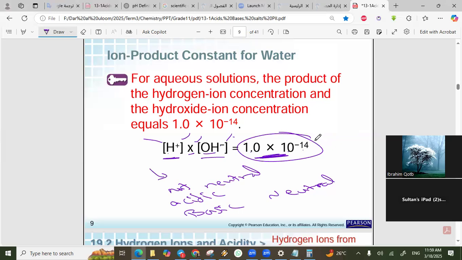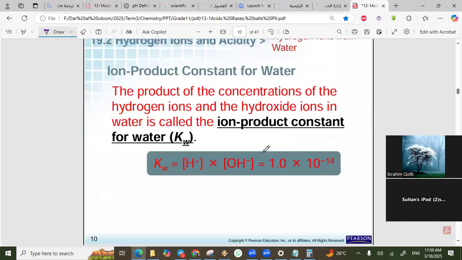This information is very important. You have to memorize this rule. Why? Because we need it to calculate the concentration of hydrogen. If OH is known, you can calculate hydrogen.